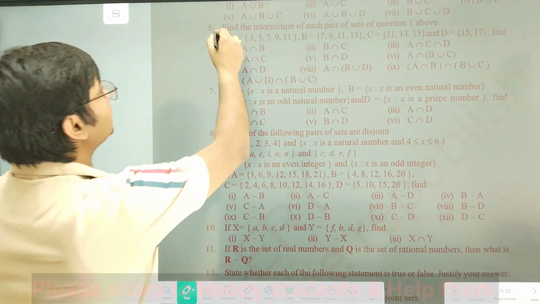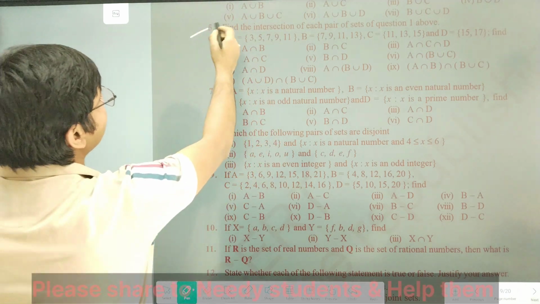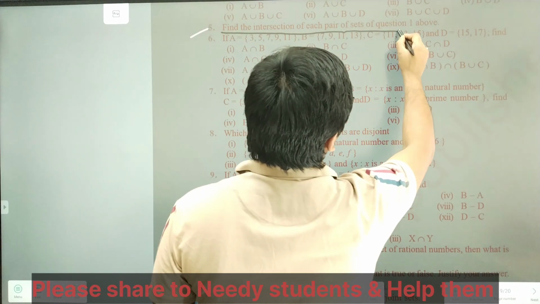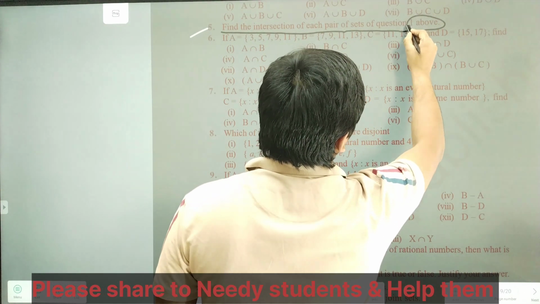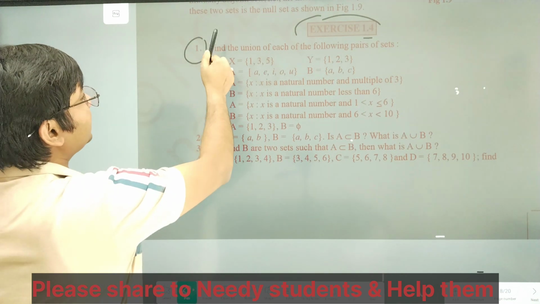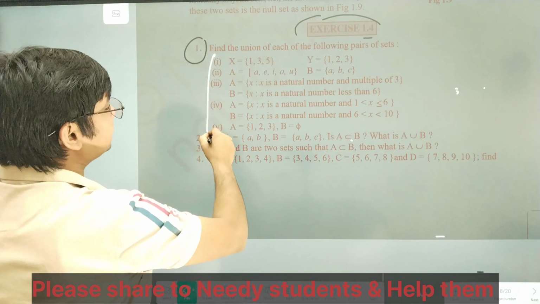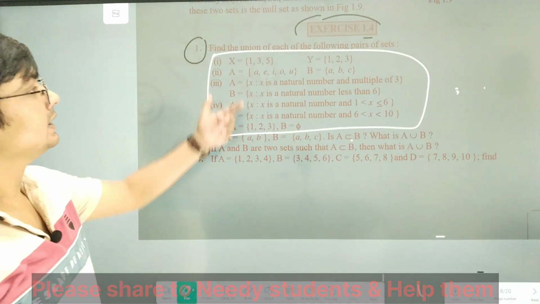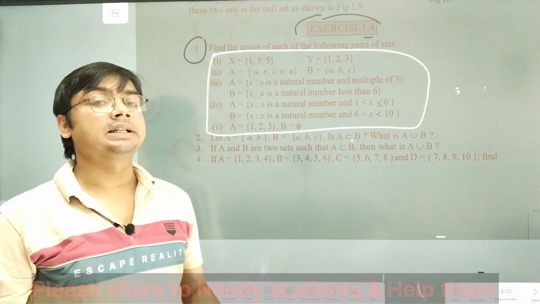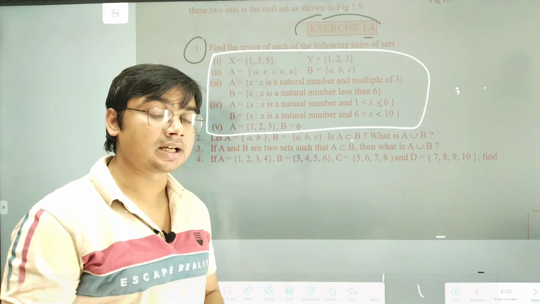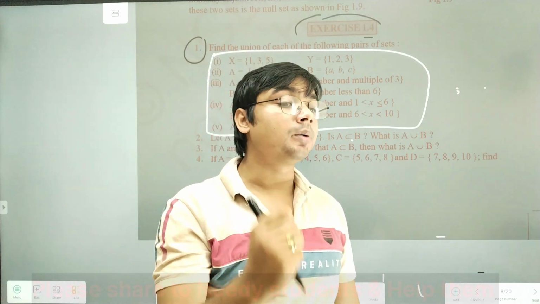Dear students, come to question number 5. Here you see, find the intersection of each pair of the sets in the questions above. That means in question number 1 they provide these pairs of sets, and we just need to find the intersection of these sets. Before solving this question, I will recall the concept of intersection.